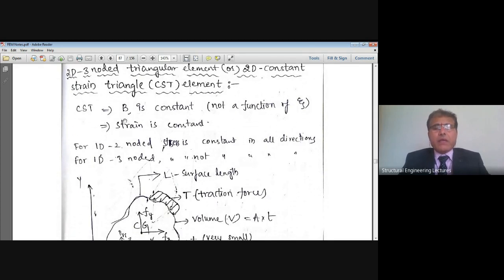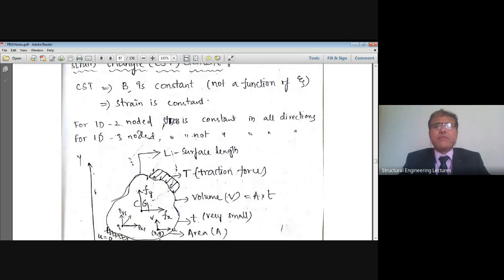This element is also sometimes called the CST element, because the strain displacement matrix B is a constant. It doesn't depend upon the local coordinate xi, hence the strain is constant. Hence this is called the constant strain triangle. We saw that for 1D two-noded elements also, the B matrix was constant.